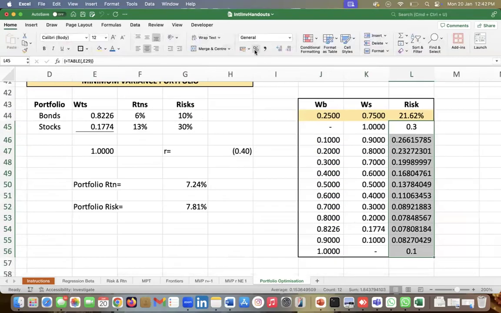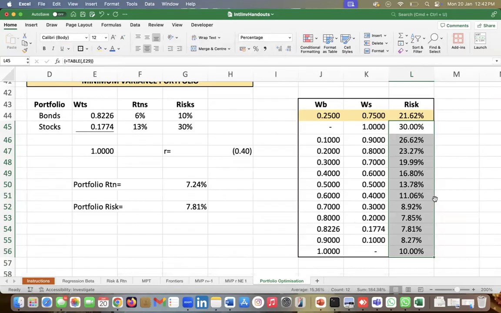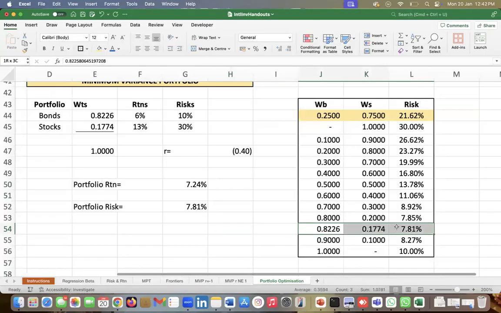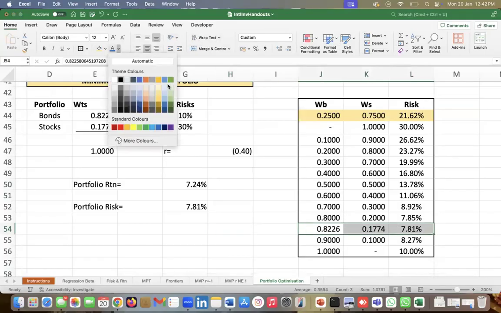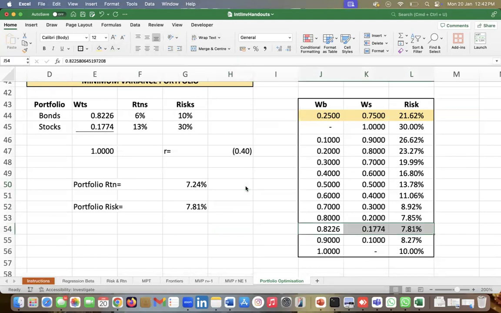Now you only look at this and tell me, where do you find the risk minimum? You will find the risk minimum here, guaranteed. This is where your portfolio risk is minimum. You can check it. It is 7.81%.